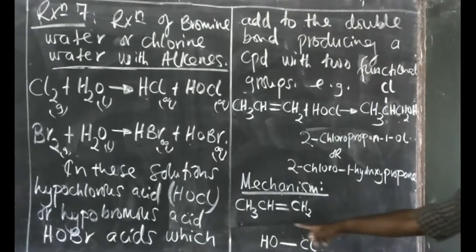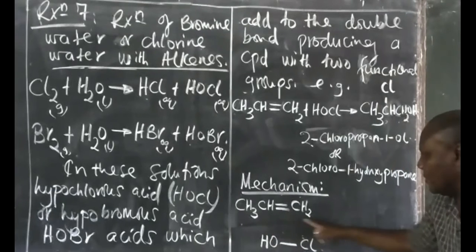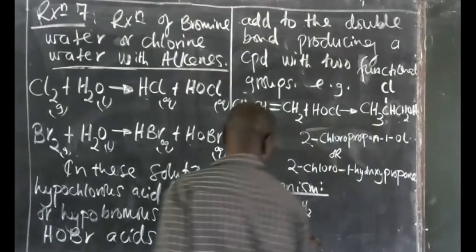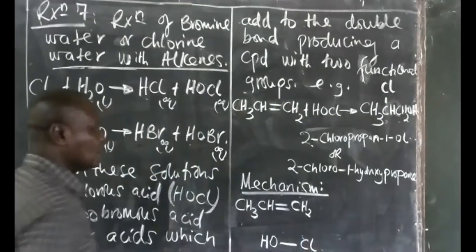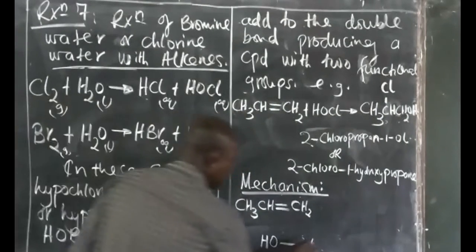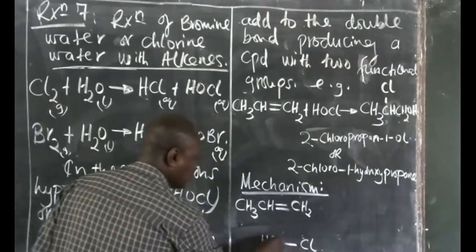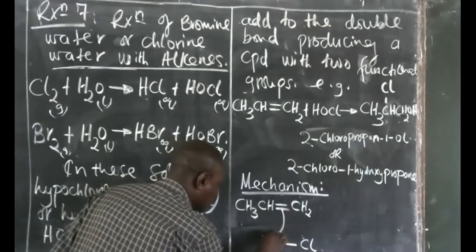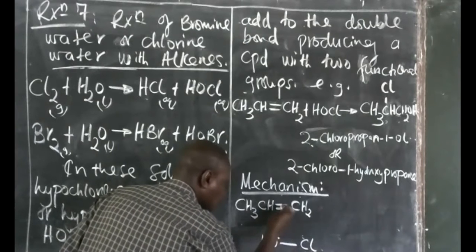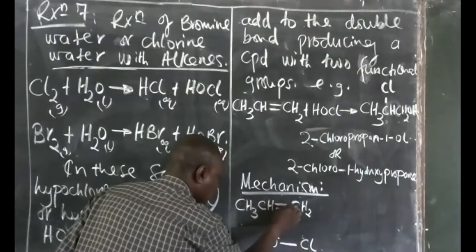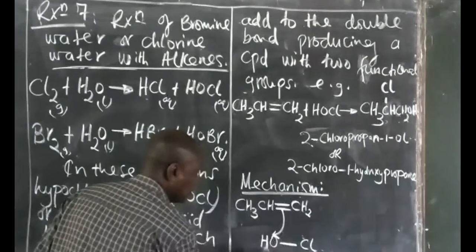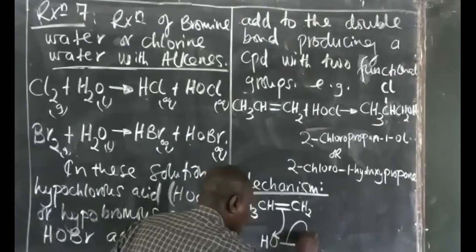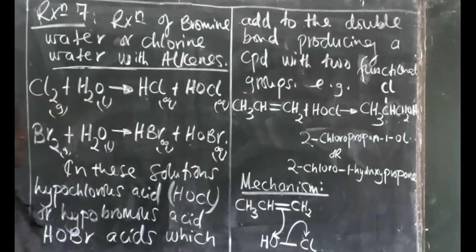So it's going to be CH3, CH double bond, CH2. We are saying that this side is more negative than the OH group. So this one tends to be partially negative, partially positive. That means that this one is going to attack the OH group. And then as the double bond breaks, attacking the electrophilic end, this bond breaks, letting all the electrons onto the chlorine atom.